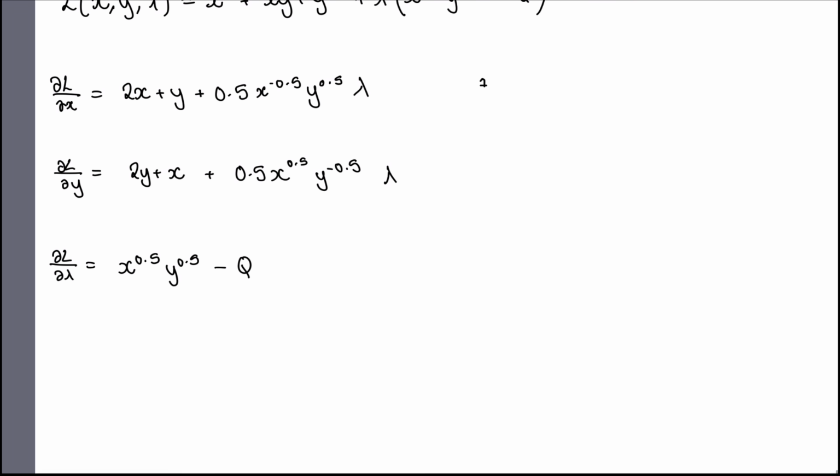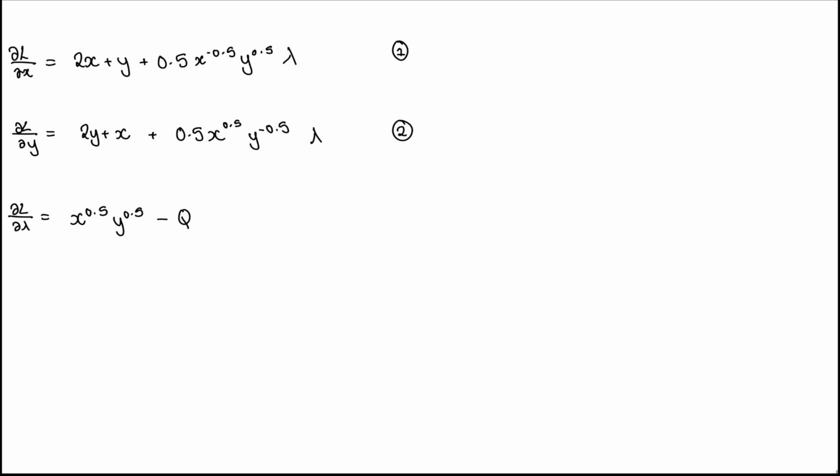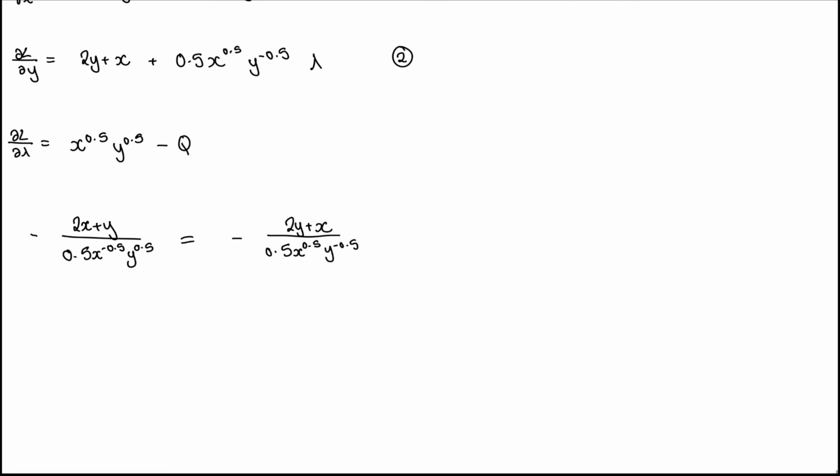If we now label this equation 1 and this equation 2 and make lambda the subject, we get 2x plus y divided by minus 0.5x to the power of minus 0.5 y to the power of 0.5 is equal to this rearranged to make lambda the subject, which gives us minus 2y plus x all over 0.5 x to the power of 0.5 y to the minus 0.5.